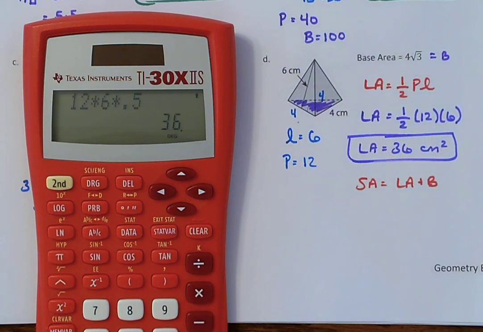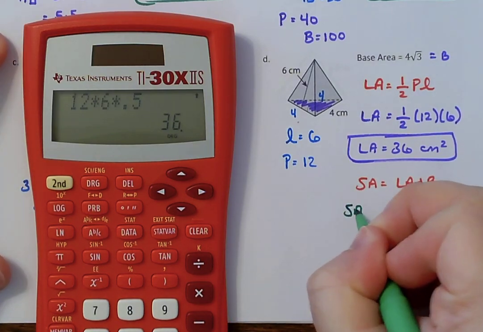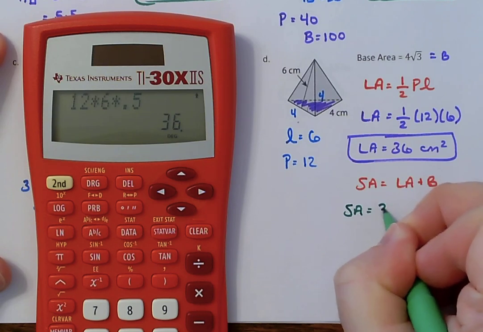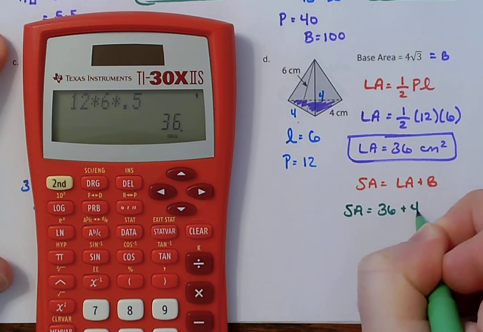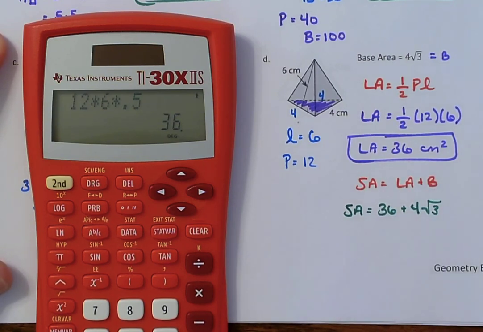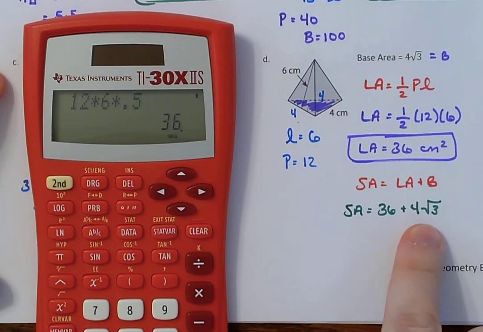So we know our lateral area, we know the perimeter, or not the perimeter of the base, sorry, but we know our lateral area and the base area, so we can plug both of those in. So it's 36 plus 4 times the square root of 3. I'm going to calculate this first, then add 36.